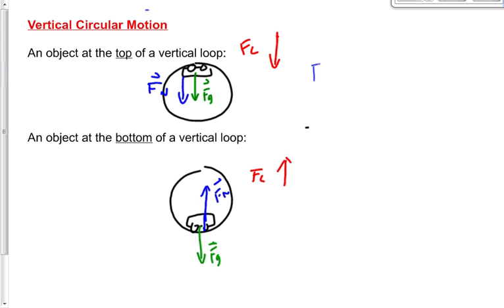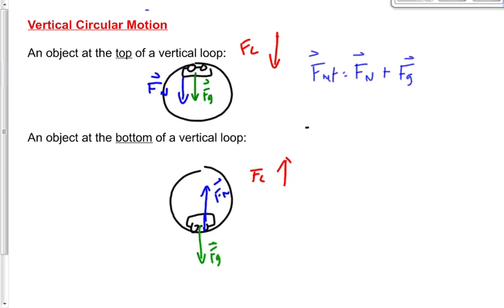F net is equal to the sum of the forces. In this case, we're going to say it's equal to Fn plus Fg. Why are we not putting in Fc there? Why are we not saying F net is equal to Fn plus Fg plus Fc? I'll tell you why. Because F net is the centripetal force. F net is Fc. Right?